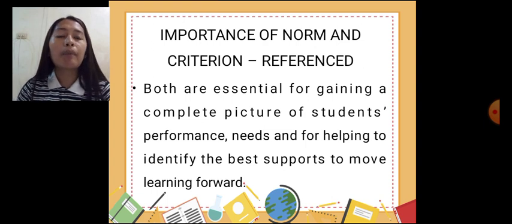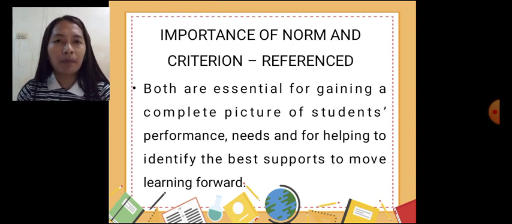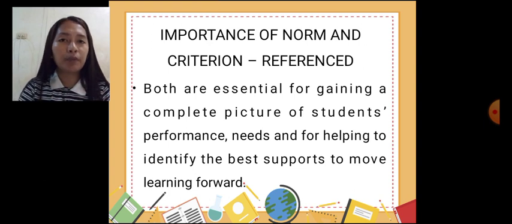Next, the importance of norm and criterion reference. Norm and criterion reference are both important because both are applied to student performance. Both also have a perspective that provides useful information.